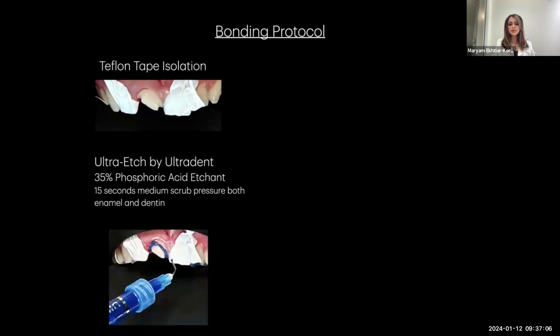It appears that I did selective etching just to the enamel. I do want to tell you that I did do full etch of both dentin and enamel for 15 seconds. Apply just a medium scrub pressure, followed by rinsing with water.